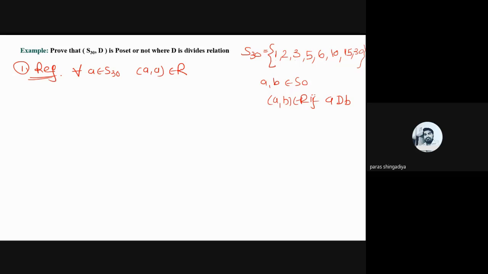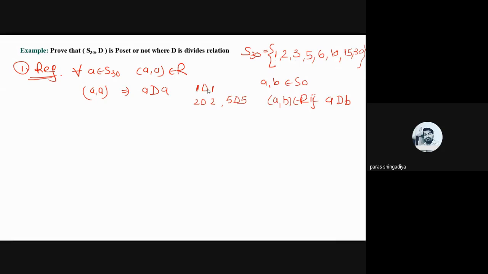Here (A, A) is defined as A divides A. Consider the 8 entries in S30: 1, 2, 3, 5, 6, 10, 15, 30. We can easily say 1 divides 1, 2 divides 2, 5 divides 5. Clear? That is valid.